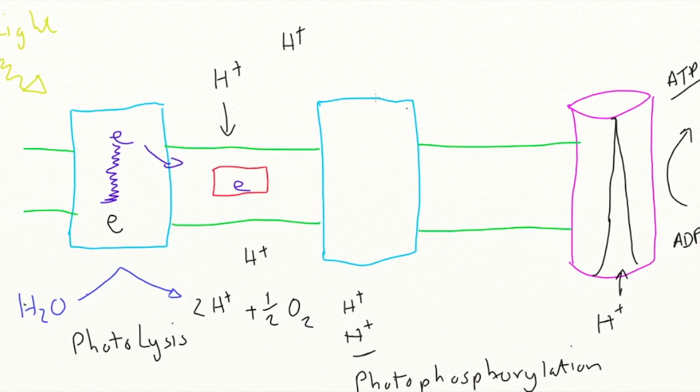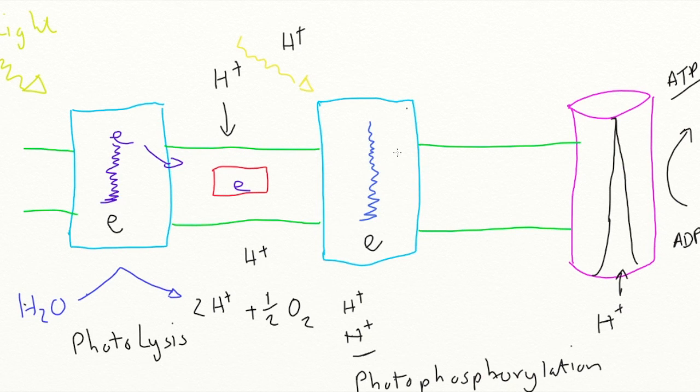What happens is we go back to the journey of our electron, and our electron goes into photosystem 1, and the electron again gets hit by light, and the electron goes to another high energy state.